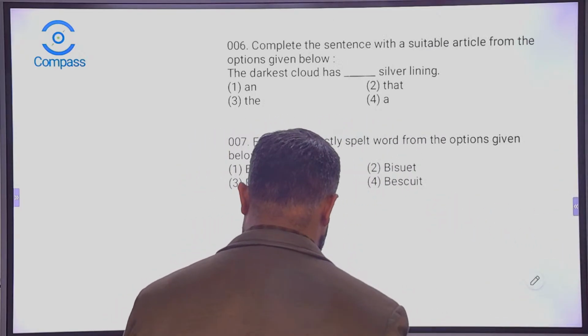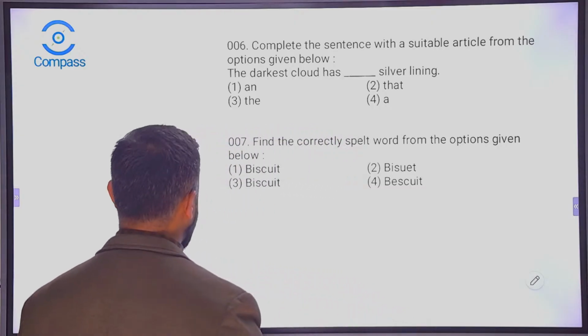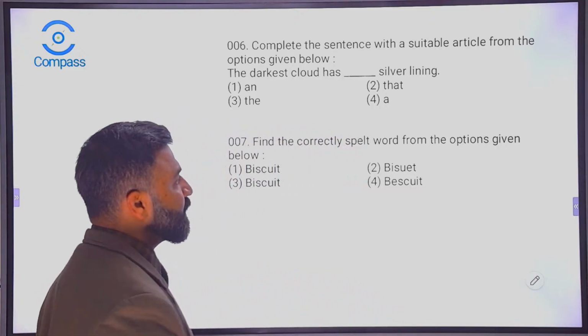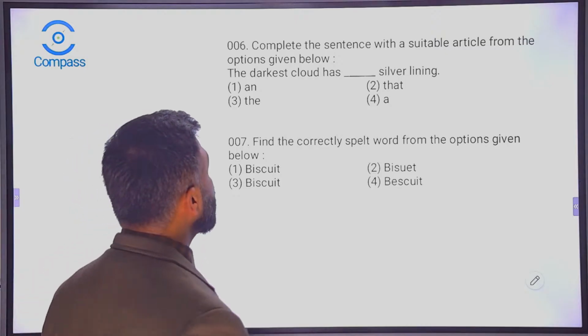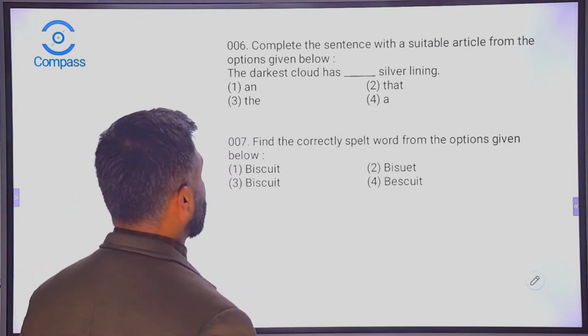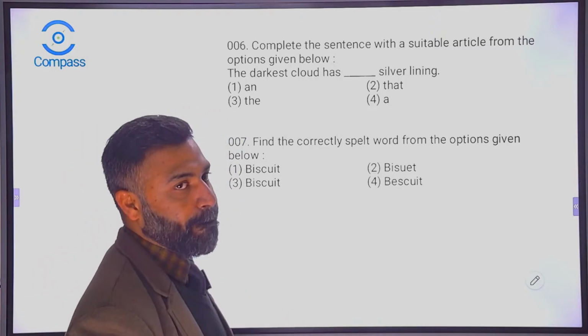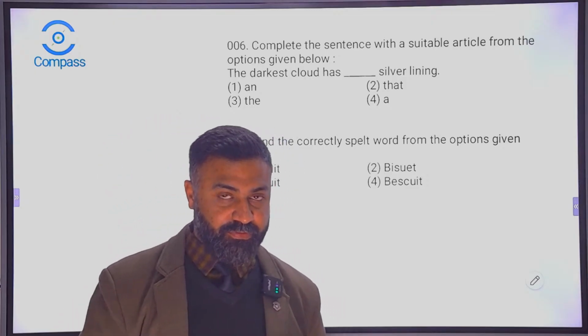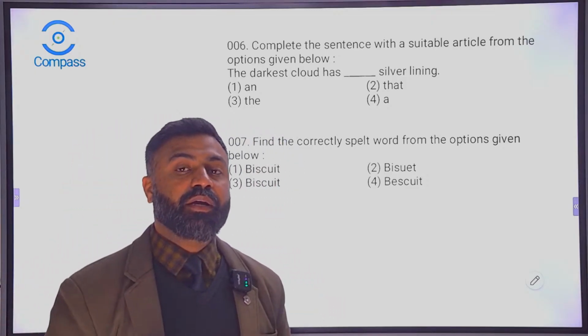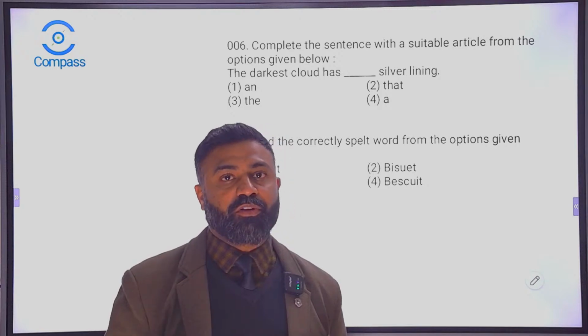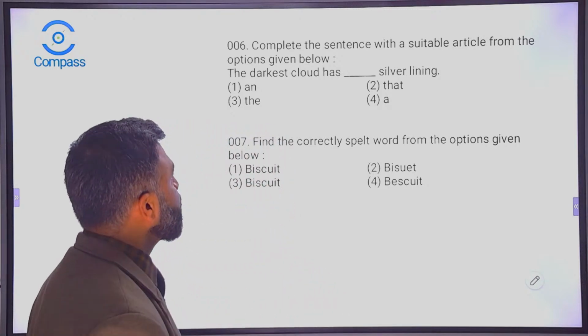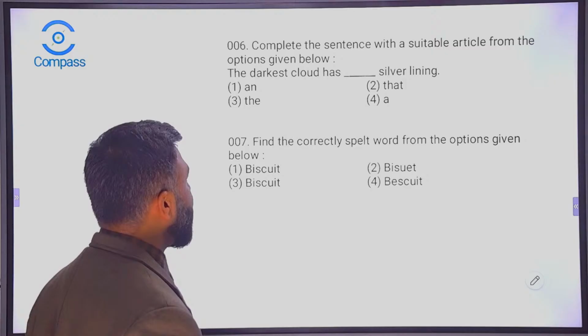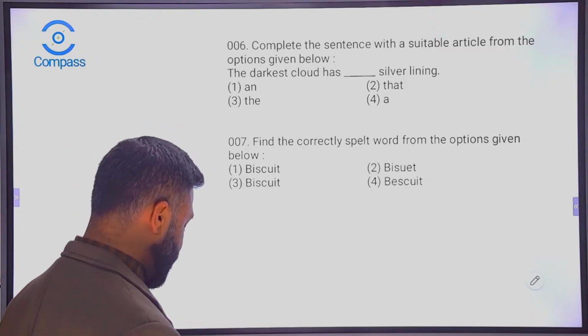Question number 6. Complete the sentence with a suitable article from the options given below. Okay. Now that's a very famous quote or phrase, I would say, right? So the darkest cloud has dash silver lining.